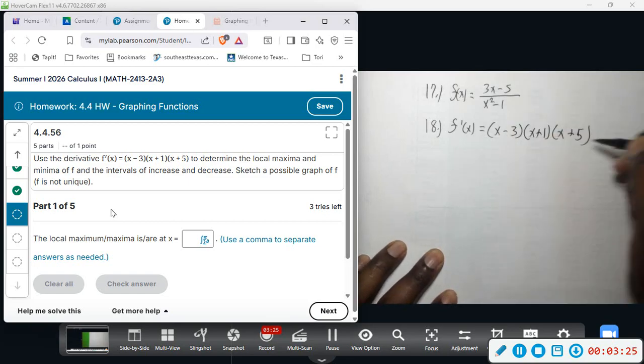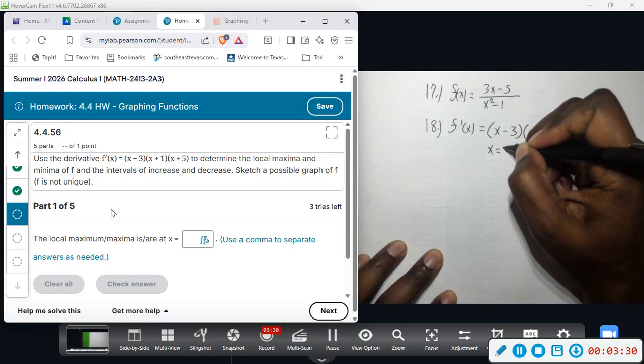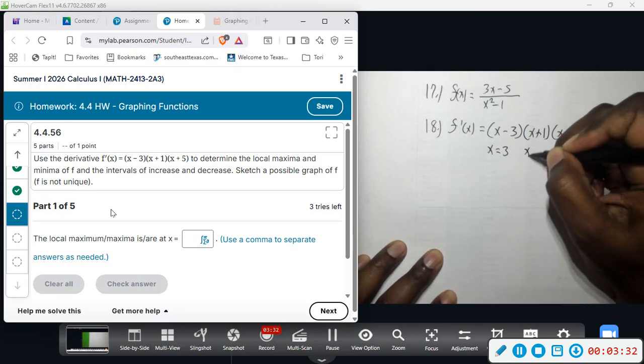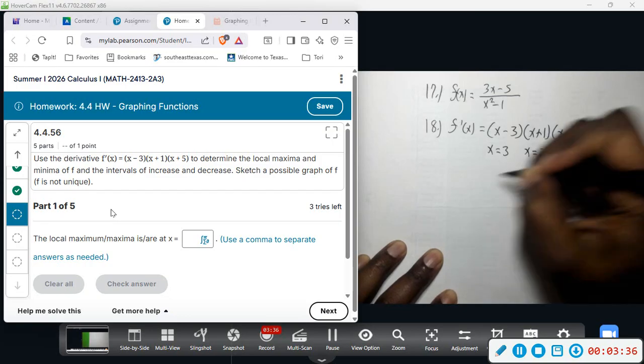Based on the derivative, we get critical values x equals 3, x equals -1, and x equals -5.